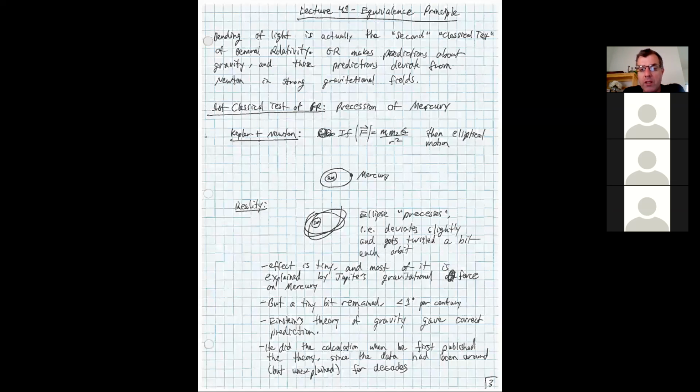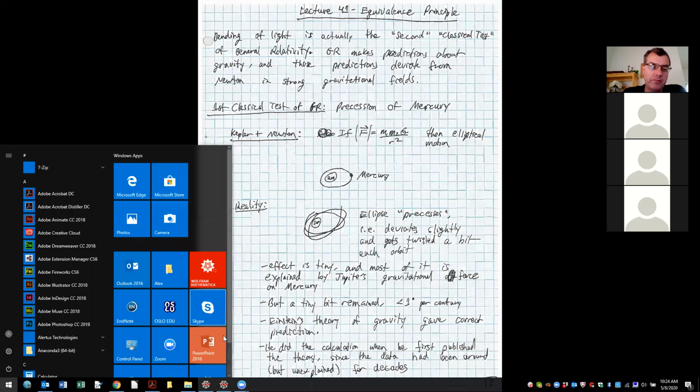So he constructed his theory of gravity, derived his equations, and then used those equations to predict how these additional gravitational effects would change the orbit of Mercury. And lo and behold, they changed the orbit of Mercury by almost exactly the same amount as people had observed, well within observational error.